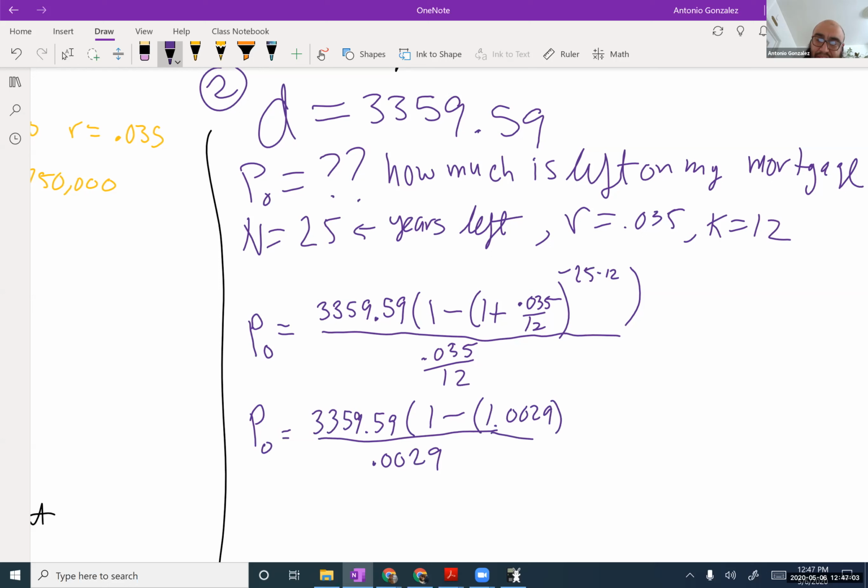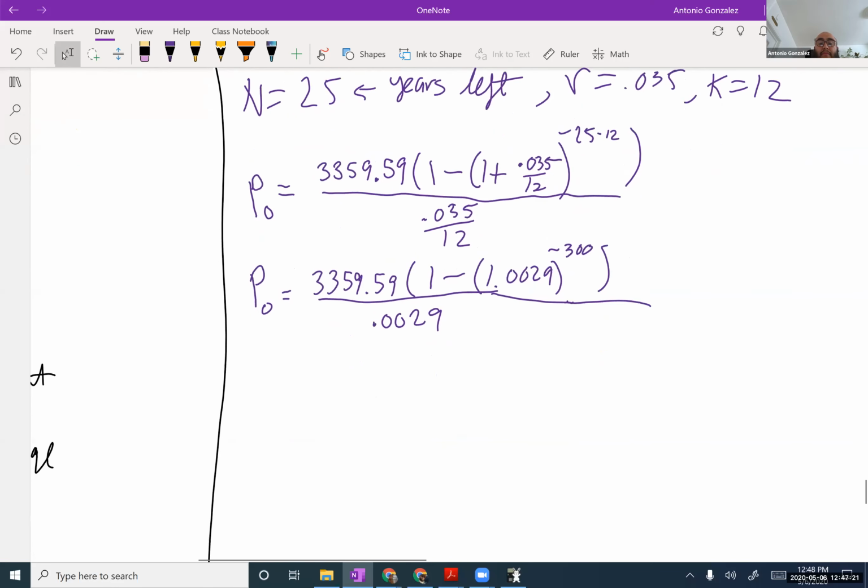That part remains the same, the R over K. The exponent here is going to be different, because it's no longer 30. It is 25 times 12, and what is that? 300.